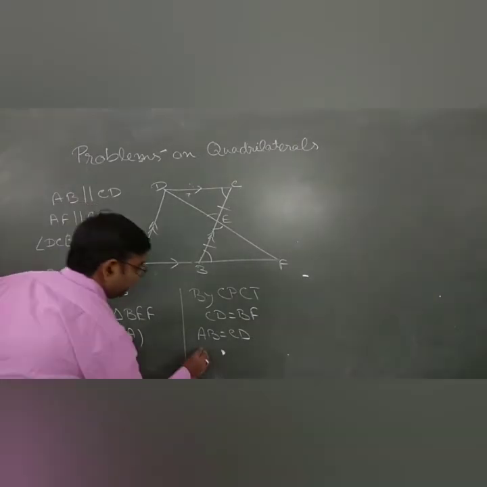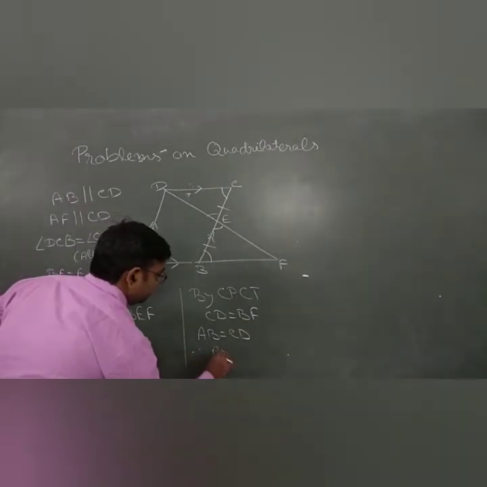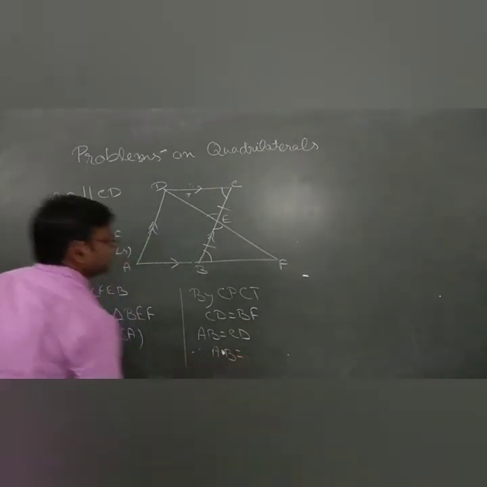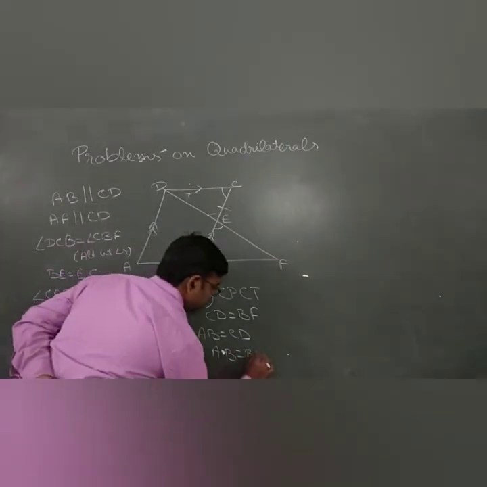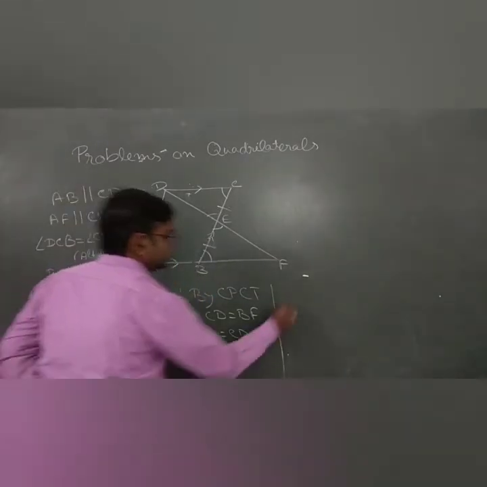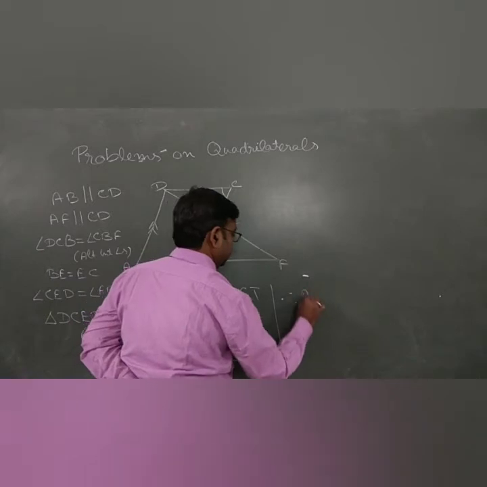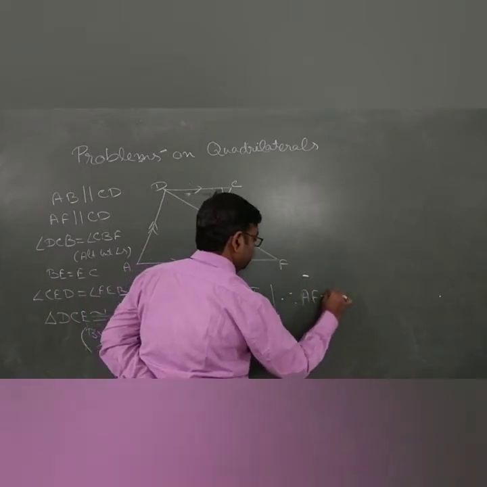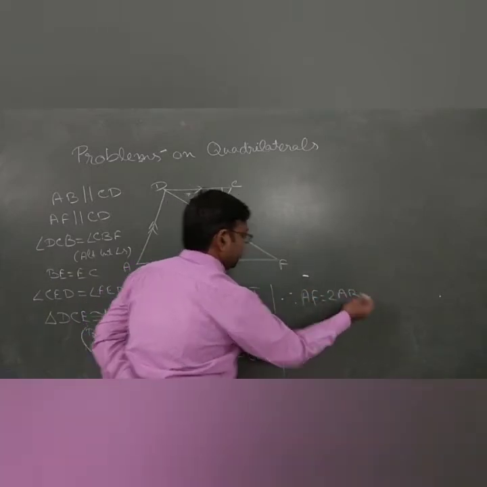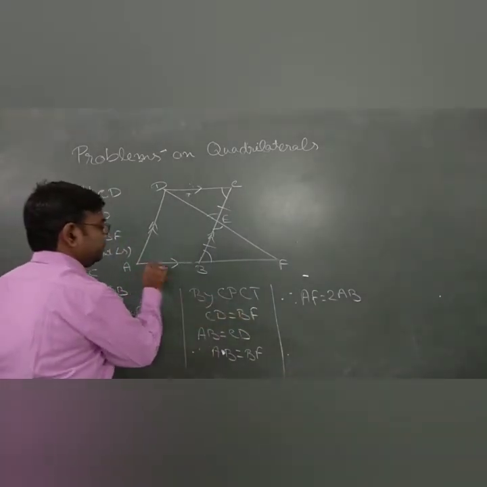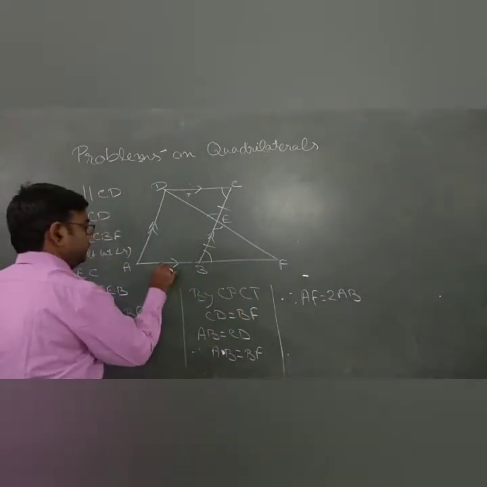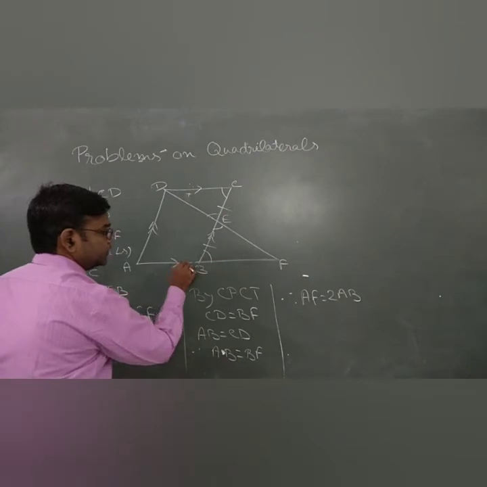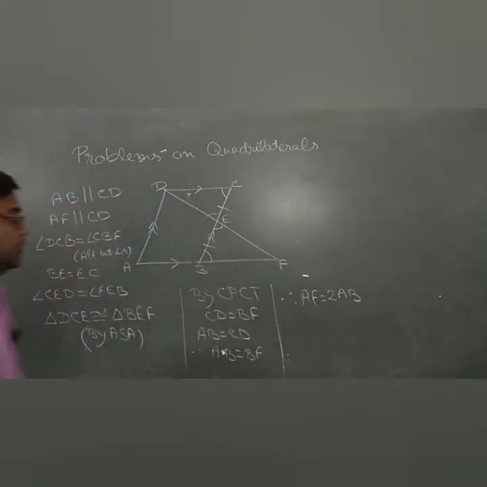So therefore we can say that AB equals BF. Therefore we can say that AF equals 2AB. It's obvious, because AF equals AB plus BF, and AB and BF are each individually equal, so we have 2AB. That is proved.